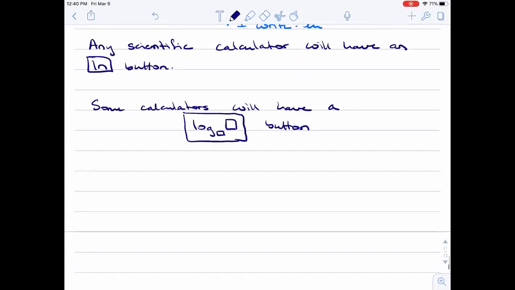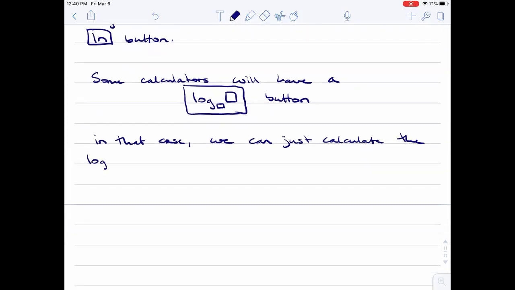In that case, we can just calculate the log of any base, because we can just tell it, I want log base 3 of 5. If I do that on mine here, log base 3 of 5 is 1.464973521, for example. So if you have this button, you're in luck. You don't have to pay attention for the next bit.